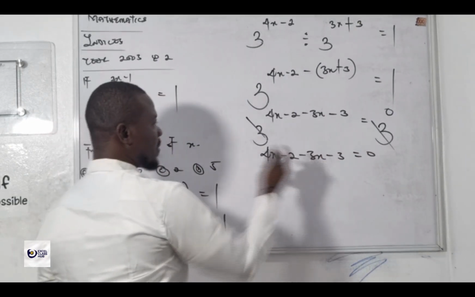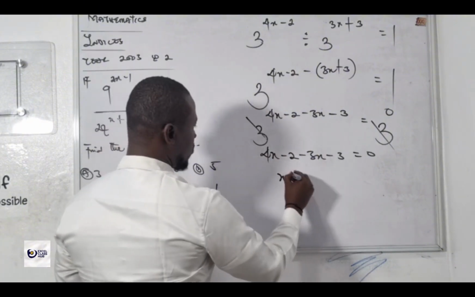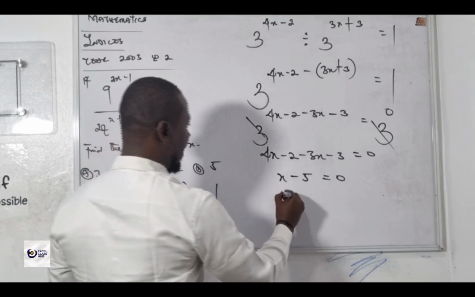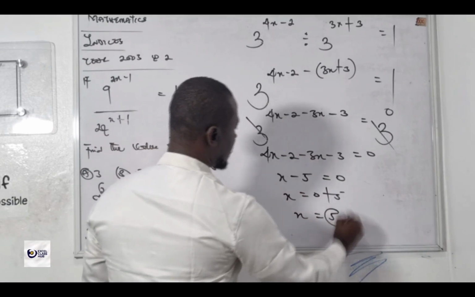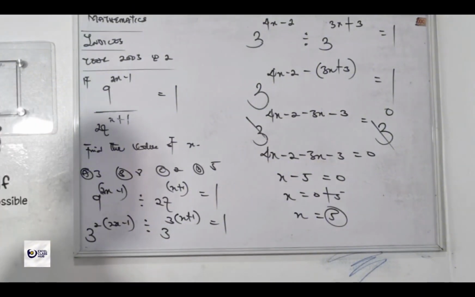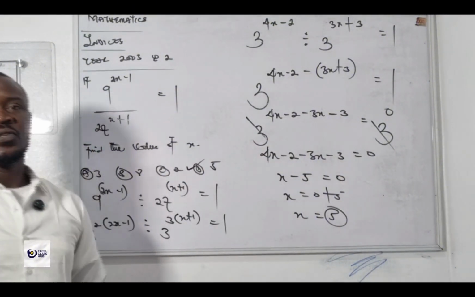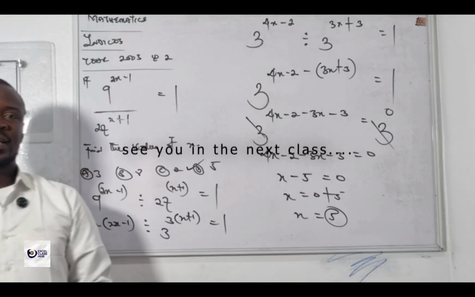So 4x minus 3x gives me x. Minus 2 minus 3 is minus 5, equals 0. So finally, x is 0 plus 5. My final answer for x is 5, which is the correct answer. Which of the options there? Option D. So I'm going to stop here for today till next time.